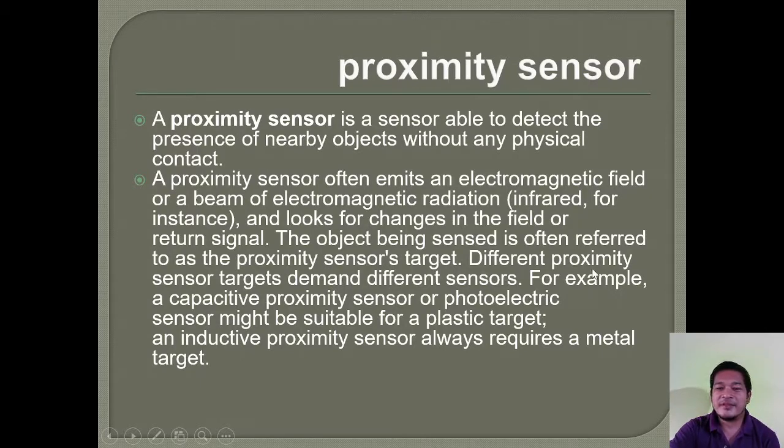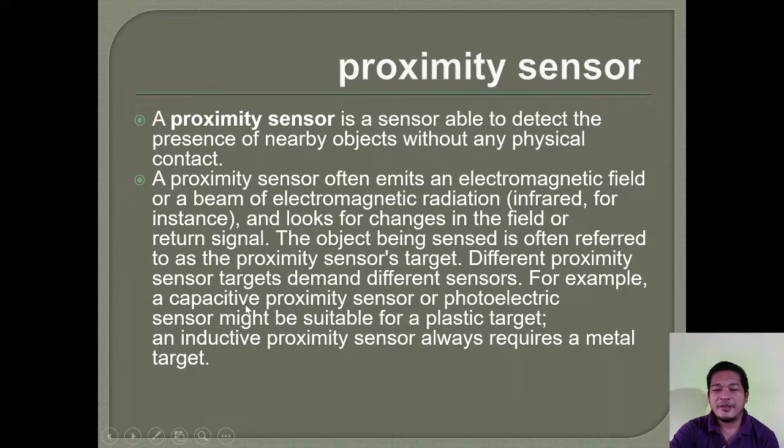So, different proximity sensor targets demand different sensors. For example, a capacitive proximity sensor or photoelectric sensor might be suitable for a plastic target. So, the capacitive sensor is suited for a plastic target.